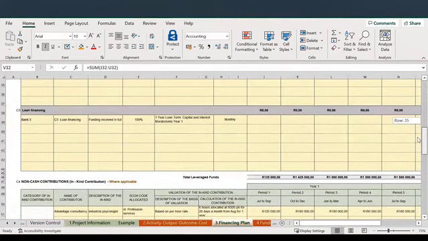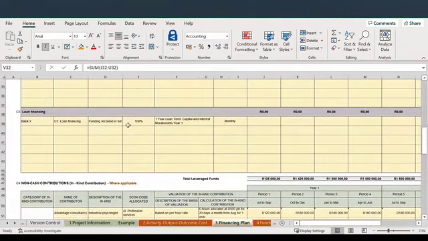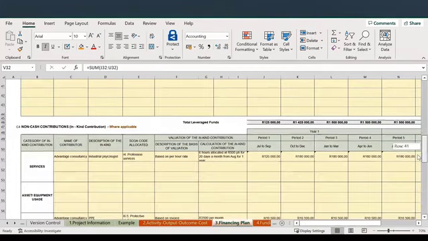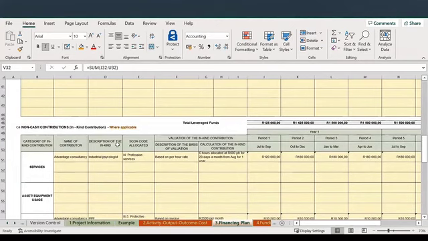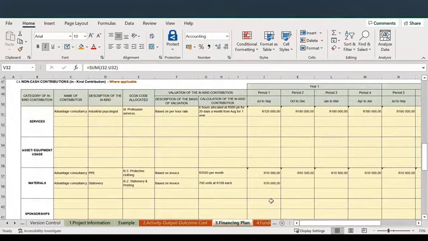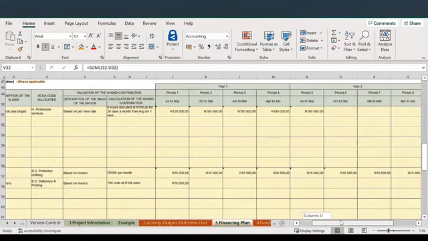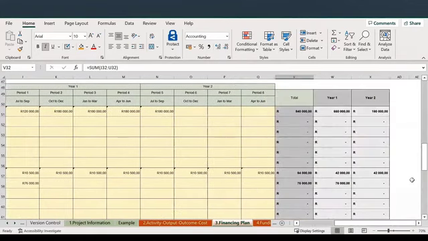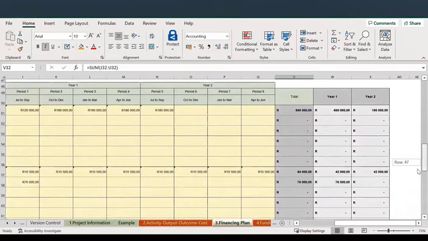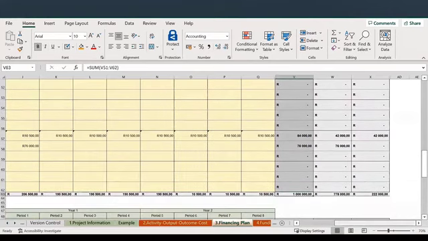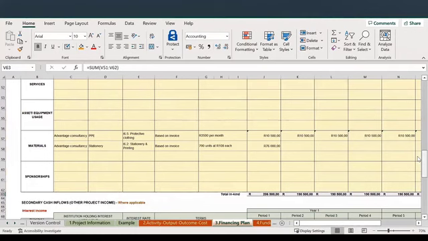Loan financing in this case doesn't apply, but allocation has also been made for it. As we discussed earlier, the non-cash in-kind contributions are also catered for. These have been set out based on the assumptions, and they add up to R1 million, as per the example.